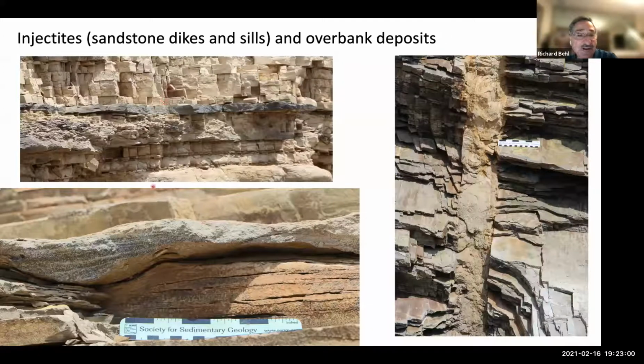But the reason that they're controversial is that there are also these sandstone dikes in the area. And these are injectites. Injectites occur when you get overpressure, often from hydrocarbon generation, but sometimes just from compaction of sediments. The pressure becomes large enough that it can overcome sigma 3, which is the minimum stress direction of the rocks, and it fractures the rock, and it can cut through it and inject it.